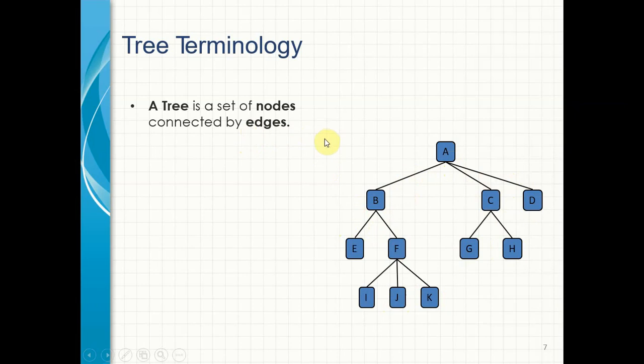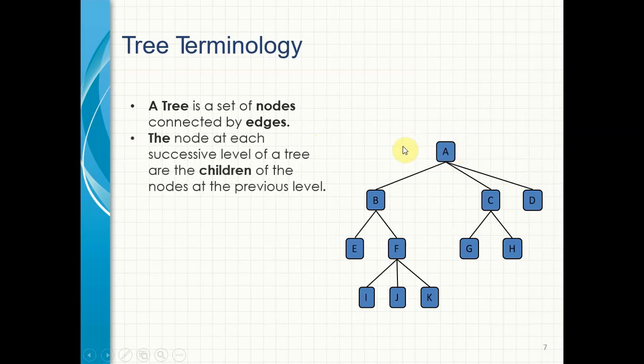We have a tree that starts from a root, and the nodes at each successive level of a tree are children of the nodes at the previous level. Just like B is a child of A, F is a child of B, because you can see that A is on the top level, B, C, D are on a lower level, and E, F, G, H are further lower.